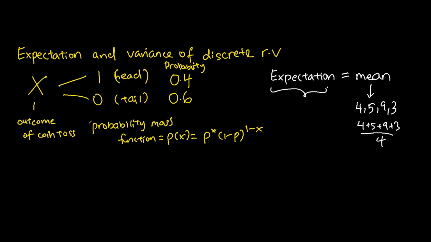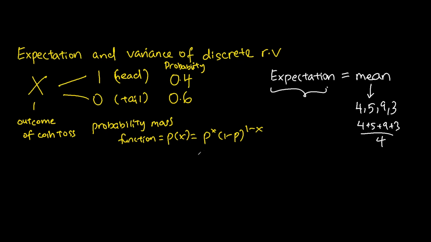Then we learn about the probability mass function, which is a particular formula in which if you substitute the numerical value of the outcomes into the equation, we can get the probability.